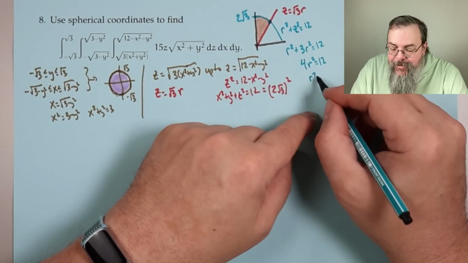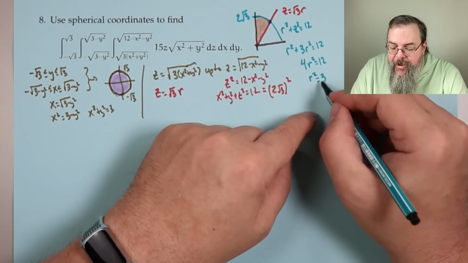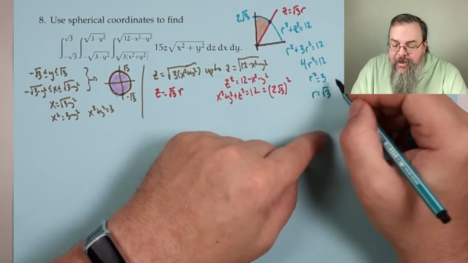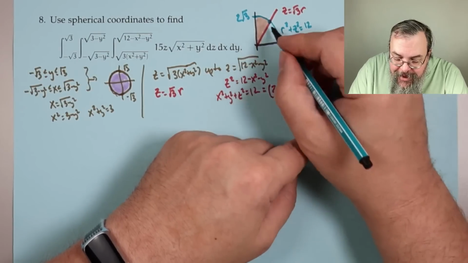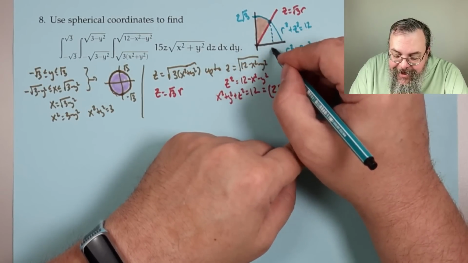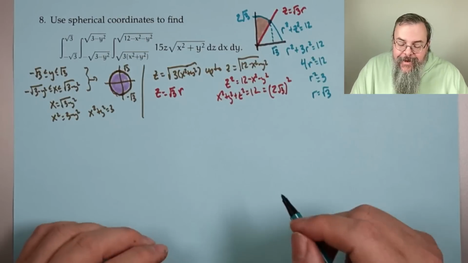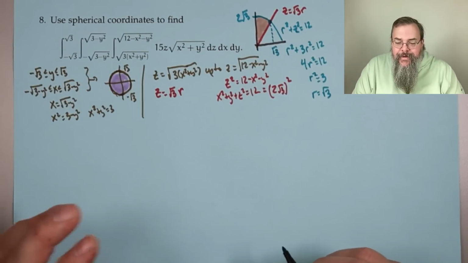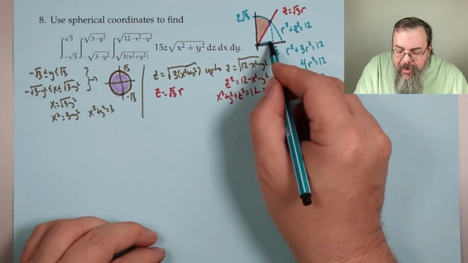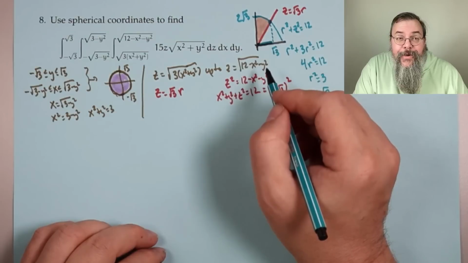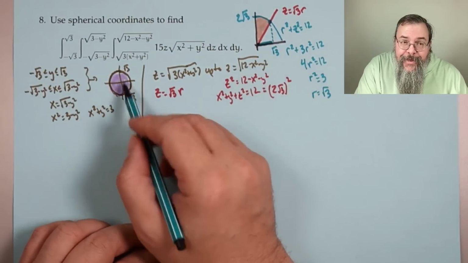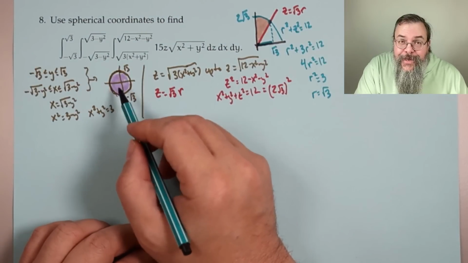R squared equals 3. R equals root 3. Wait, what? Really? They intersect at root 3? Well, that's nice. And you might be saying, wait, why is that nice? Because think about what happens if you spin this. What are you forming? A circle of root 3.